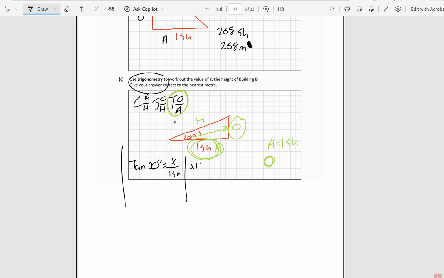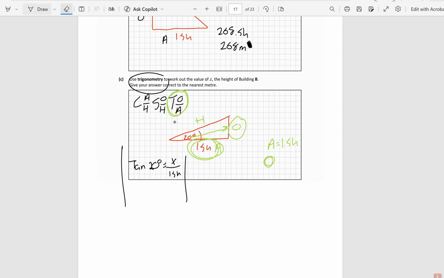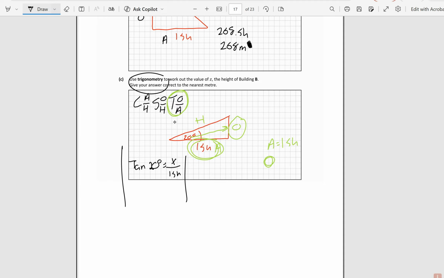Well, actually, sorry, rewind. I'm going too quick myself here now. The tan of 20 first. So tan of 20 degrees is 0.363, equals X over 154.